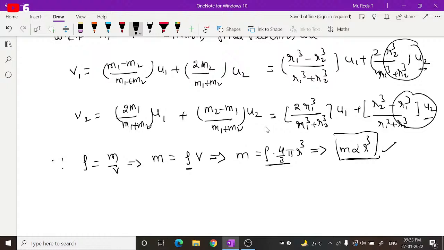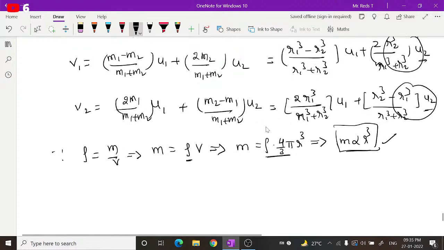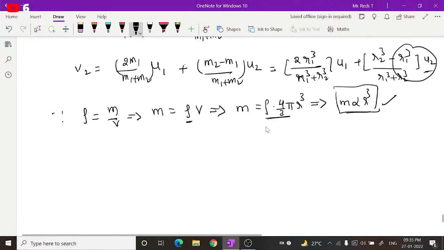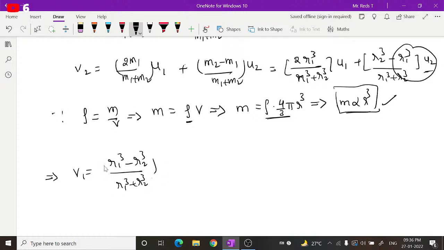Write down these relations once again and substitute the values. v1 is equal to r1 cube minus r2 cube divided by r1 cube plus r2 cube into u1.